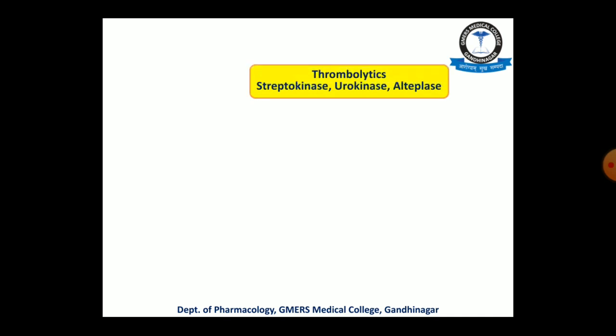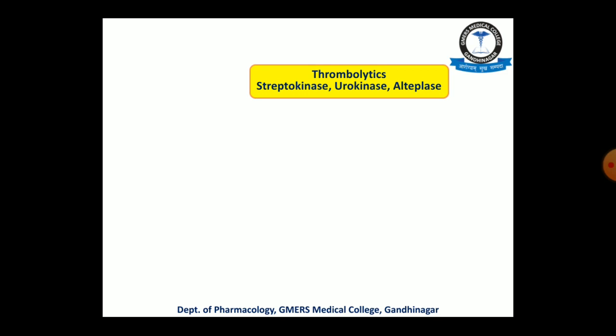Okay, so this was our first aim that has been fulfilled, the relief of the pain and the cardiac discomfort. The second aim is we have to start the reperfusion. The cardiac perfusion has been stopped because of thrombus formation and occlusion of the coronary artery, which can be re-established if we give thrombolytics.